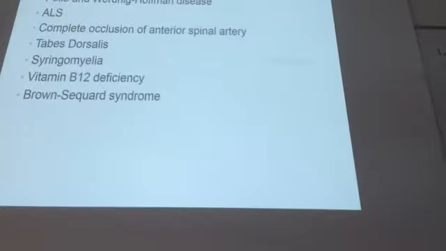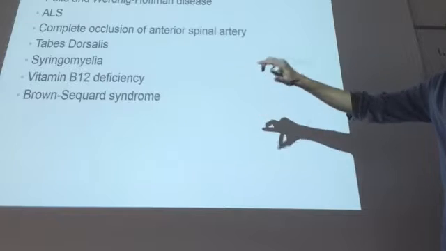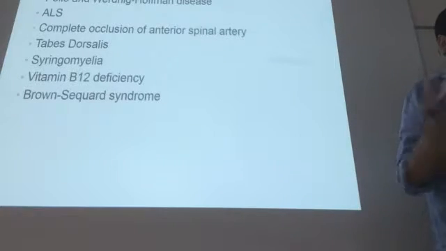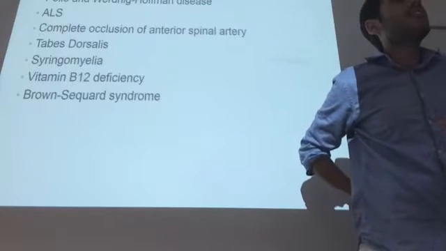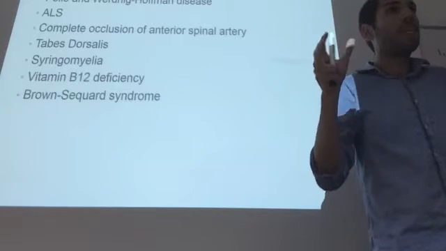He didn't say the last one, but he's probably going to do it. Brown-Séquard is a really amazing disorder. It's when someone stabs one side of the spinal cord, just one half of it, either the left or the right.